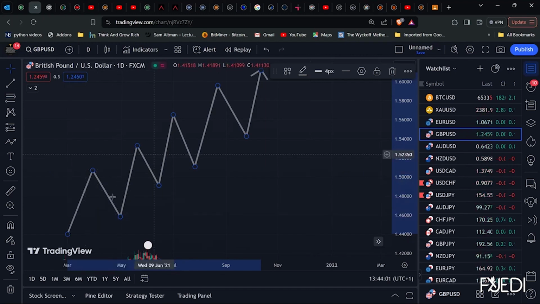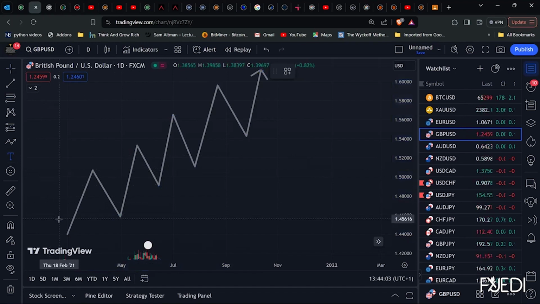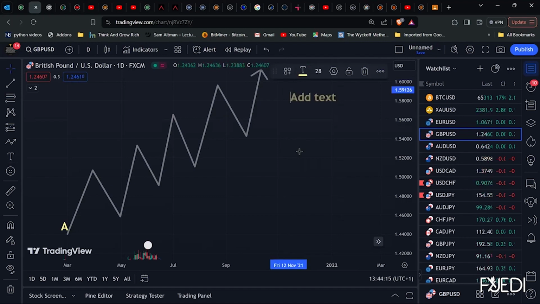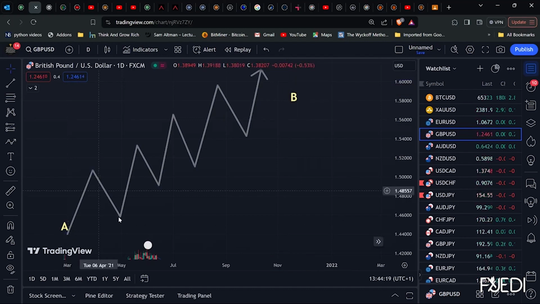The market wants to go from point A, which is down here, to point B, which is up here. But in order to do that, it will accelerate, decelerate a little, accelerate, decelerate a little, and do that over and over again before getting to the actual destination it wants.